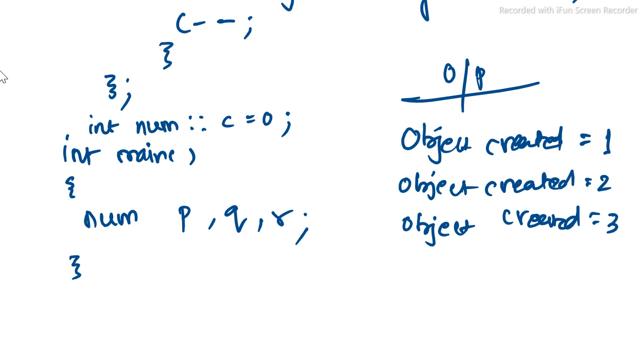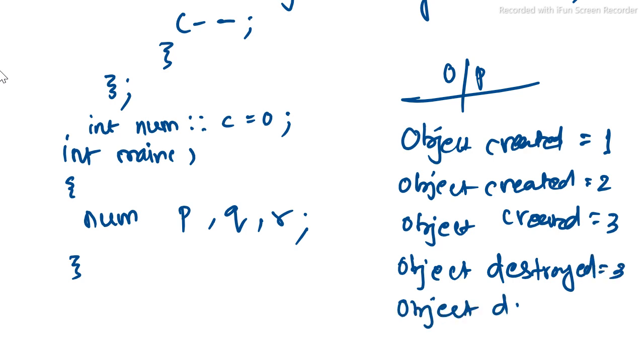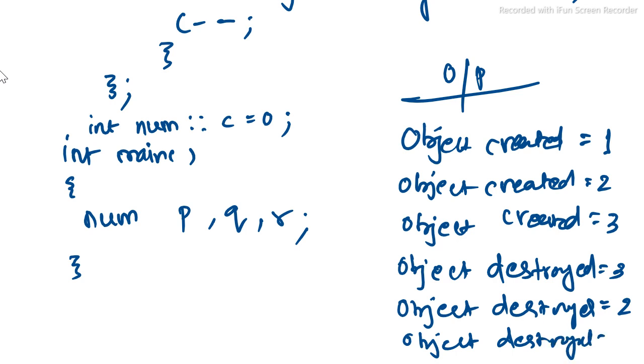The destructor is also invoked automatically, and it displays object destroyed equal to 3, object destroyed equal to 2, object destroyed equal to 1.